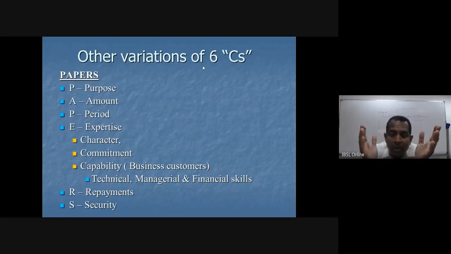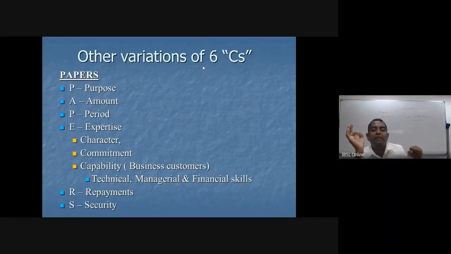The amount they need, the period they need. We want to work out the repayment. Purpose, amount, period, expertise, which is character, commitment, capacity, repayments, and security.